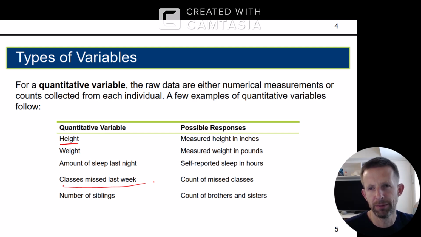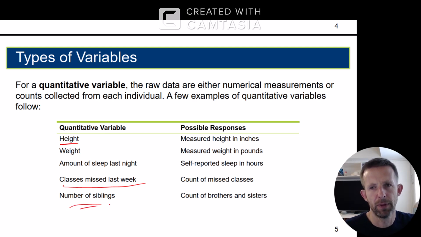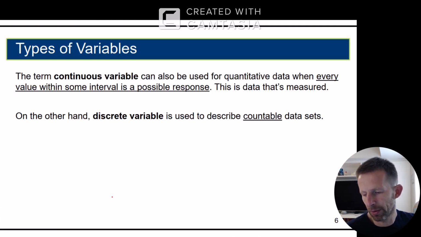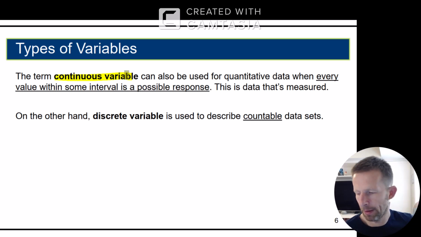You're not going to miss 1.5 classes. For something like siblings, you wouldn't say you've got 1.5 siblings or 1 3/4. These are discrete counts.